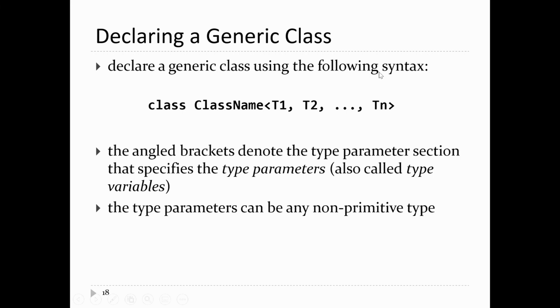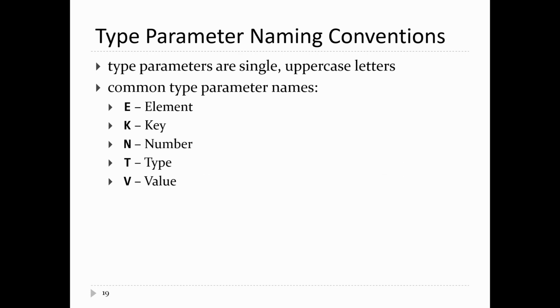Now you can use T1, T2, T3 if you want. You can use whatever name you want, but there is a suggested naming convention. If you're making a collection, which is what generic types are commonly used for, like list, set, map, so you're making something that stores elements, then normally the generic type is given the name E for the element type. The generic types are also normally given one or two letter names, so the type parameter is normally very short.